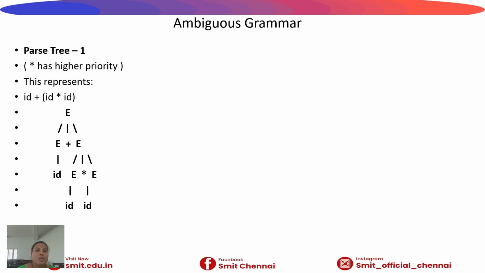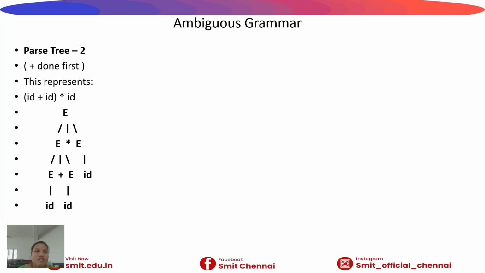E is the start symbol, giving E plus E. The first E is id, then the plus, and the second E becomes E star E, each substituted by id. So id plus id star id is the string obtained.